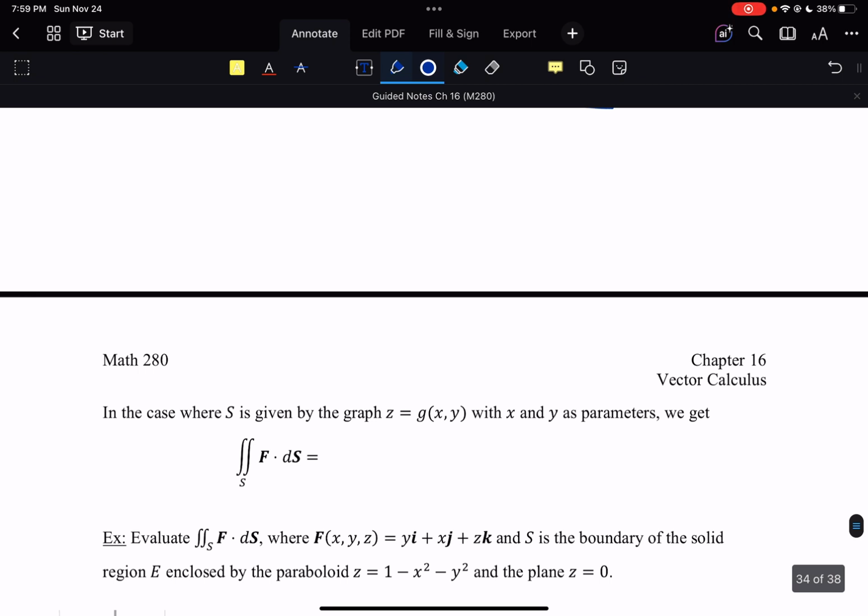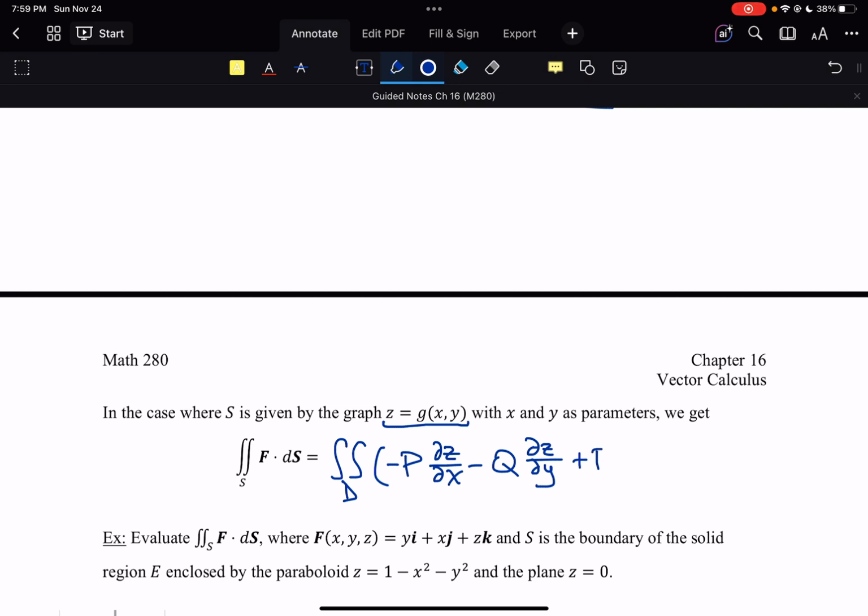Now, if we have a case like we have seen before several times, where S, that surface, is given by the graph of a function, so z equals g of x and y, then x and y become the parameters, and our surface integral becomes the double integral over D of negative P times partial z with respect to x minus Q times partial z with respect to y plus R dA.